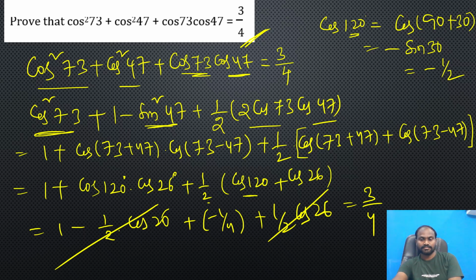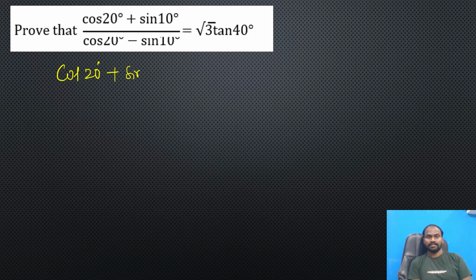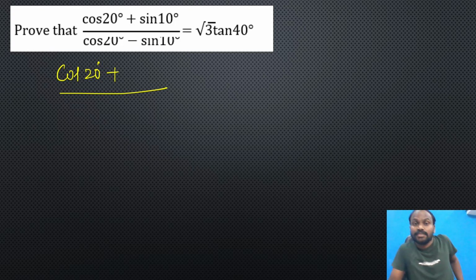Next. Look at this: cos 20 plus sin 10 degrees divided by cos 20 minus sin 10 degrees. So sin 10 I will change, because we don't have any formula for cos A plus sin B or something like that, but we have the formula for cos of (A plus B) plus cos of (A minus B), sin of (A plus B) plus sin of (A minus B), those kinds of things.